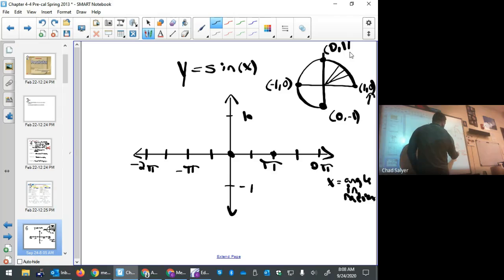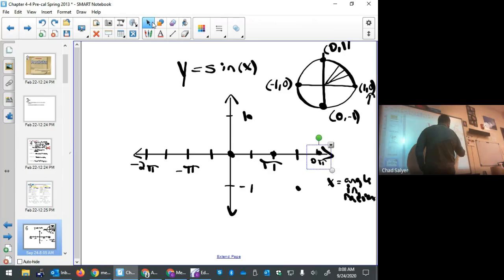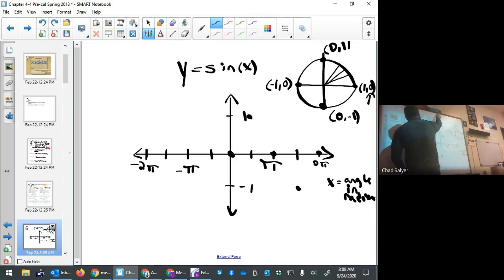So we're at -1. And then if I go back to 2 pi, I am back to 0. So the right side of the graph, you need to connect these points with a smooth curve. So let's do that. Make that curve smooth.